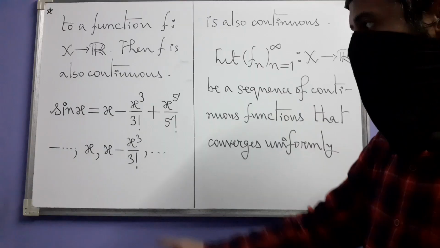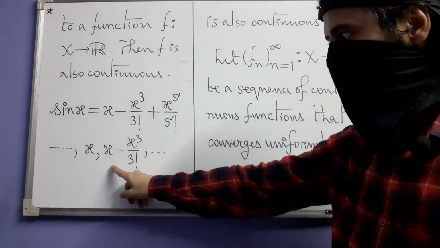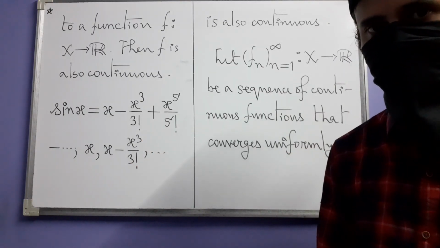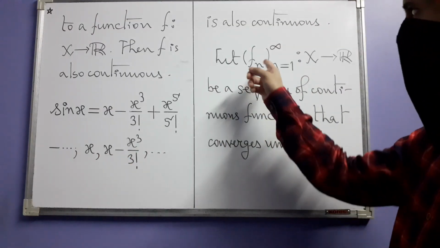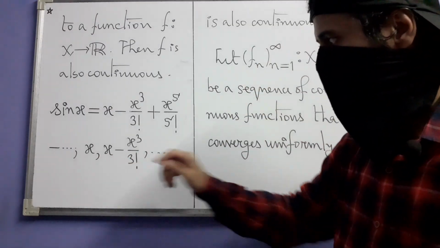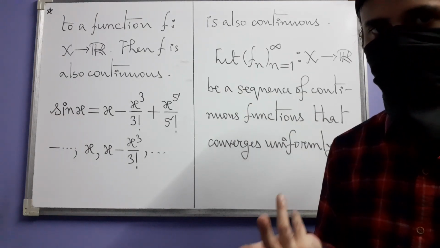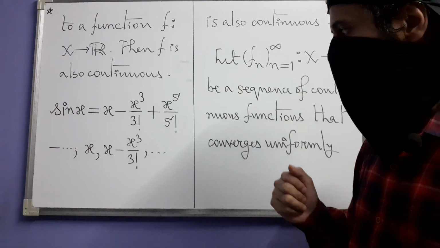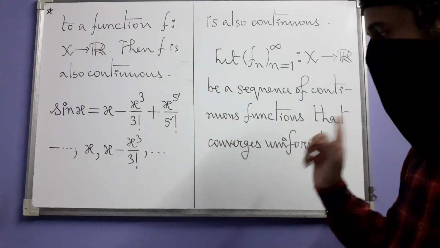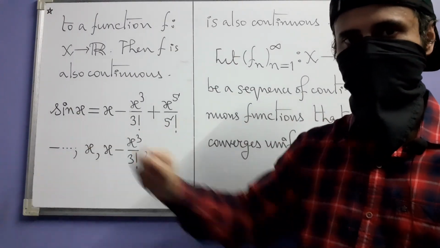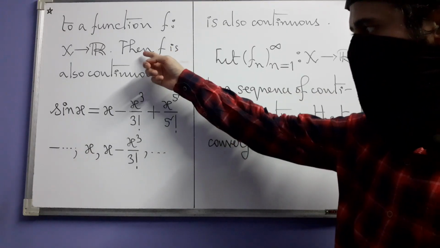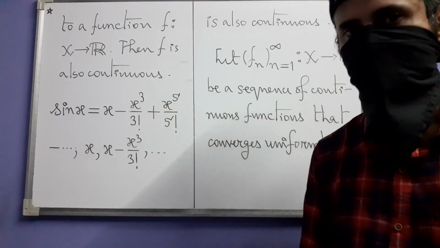If you consider the sequence of partial sums of this series, then you get a sequence of functions like this one, where each function is a polynomial, so obviously continuous. It turns out that this sequence converges uniformly to a function, and we call that function sin x. So that is why by this theorem sin x is continuous.